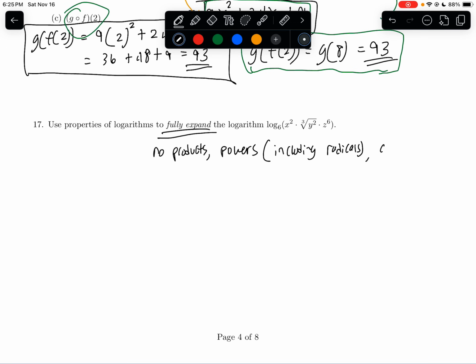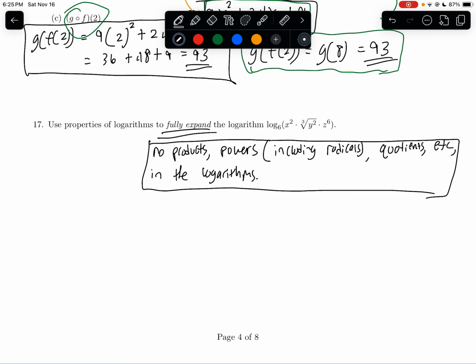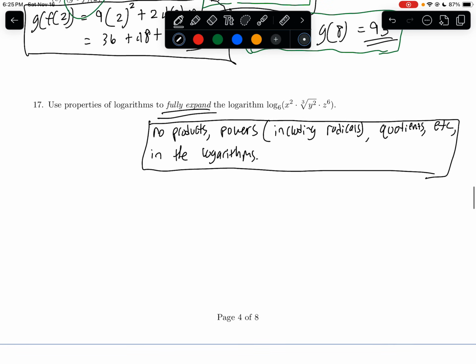Products, powers, quotients, anything like that in logarithms. So we're going to expand it. There's 3 terms here, so we'll get a sum of 3 logarithms. They can't have powers, they can't have products in them, they can't have quotients. They need to be sort of simple in that sense. And that's what this means to do.